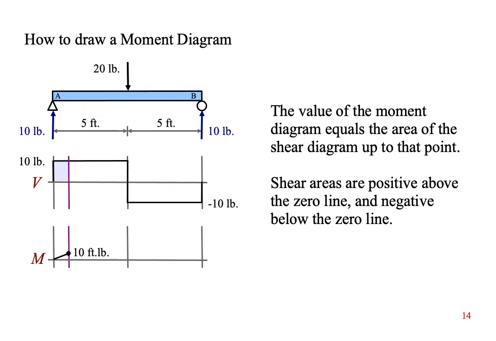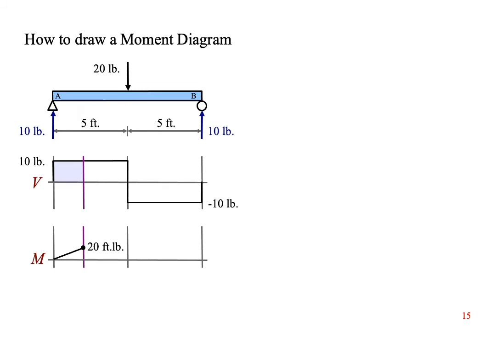We'll consider a little portion of the shear diagram, say the first linear foot from the left end of the beam. The area is 10 pounds times 1 foot, which equals 10 foot-pounds. Draw a diagonal line ending at 10 foot-pounds. Now consider more area of the shear diagram.